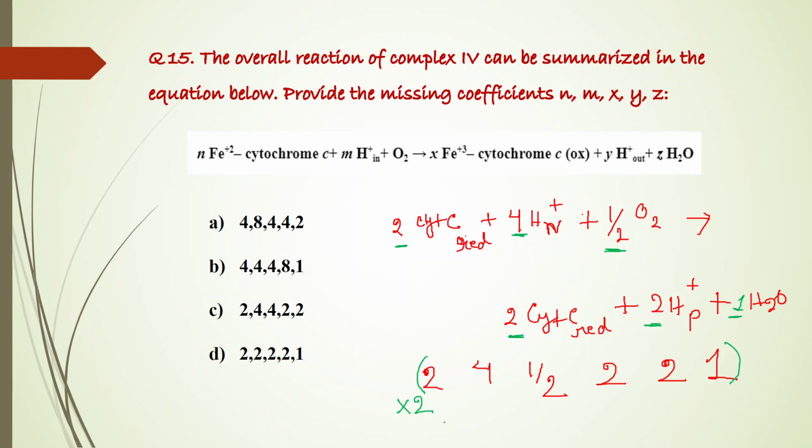If we do that, what will we end up with? We will end up with 4. Here we will have 8, followed by, here something is written as Fe2 cytochrome C. Yes, fine.